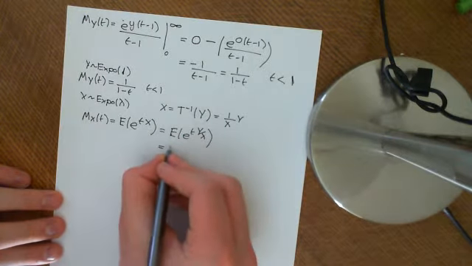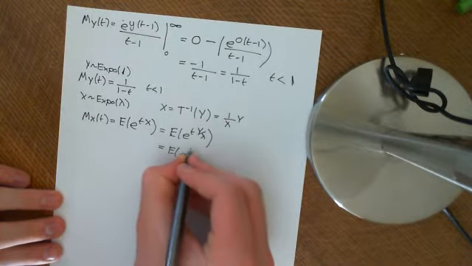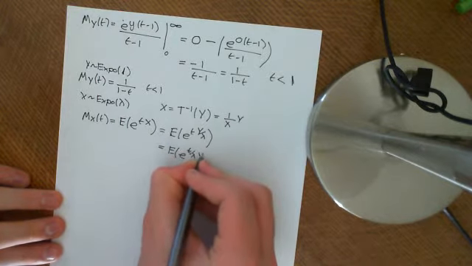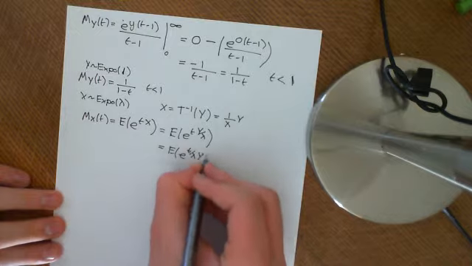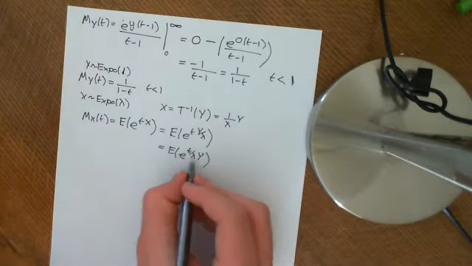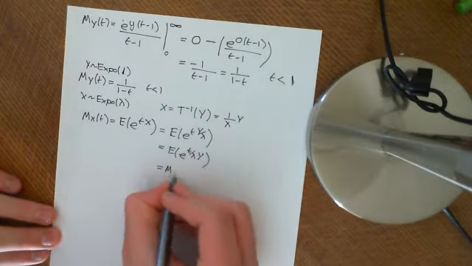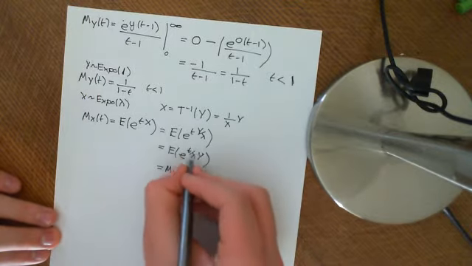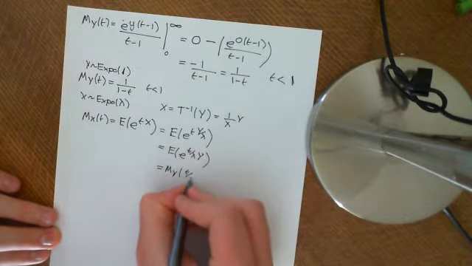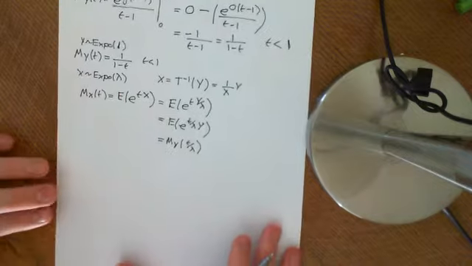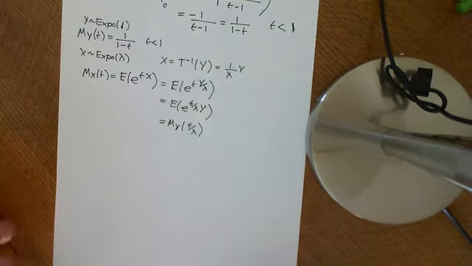And this is just going to be the expected value of e to the t over lambda times y. Now, this is just the MGF of y evaluated, instead of at t, at t over lambda.